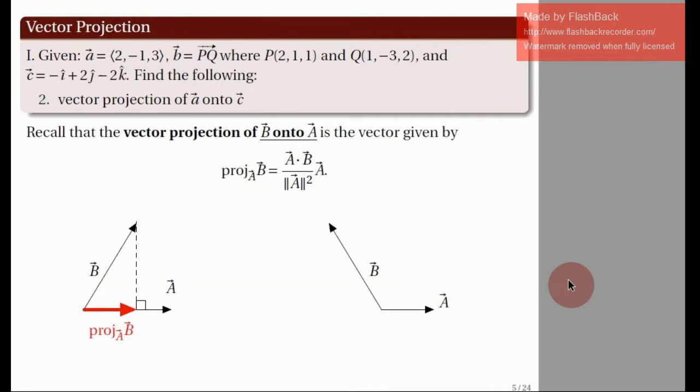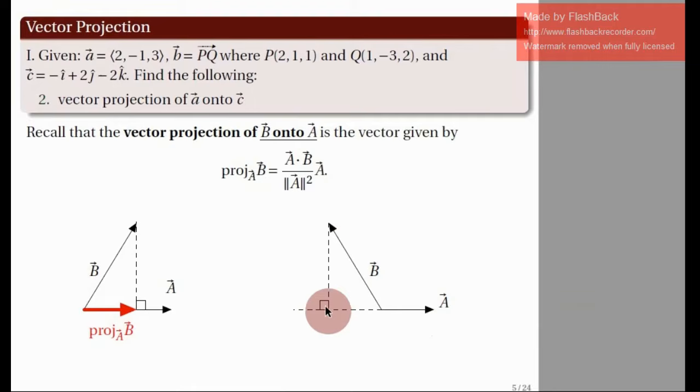In the same way, we want the tip of vector B to fall, in this case, not on vector A itself, but actually on the line containing vector A, like this. So the tip of vector B, you are making it fall on the line containing vector A in a perpendicular way.